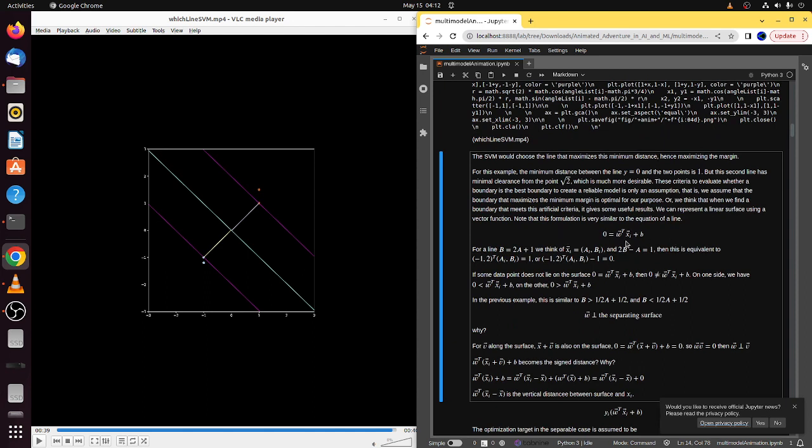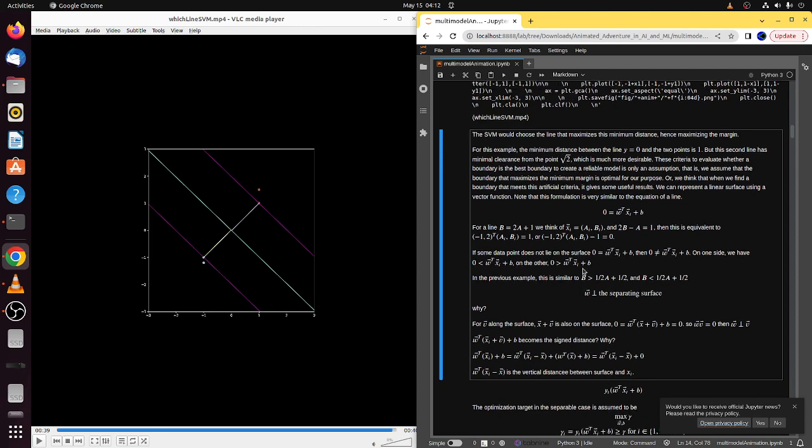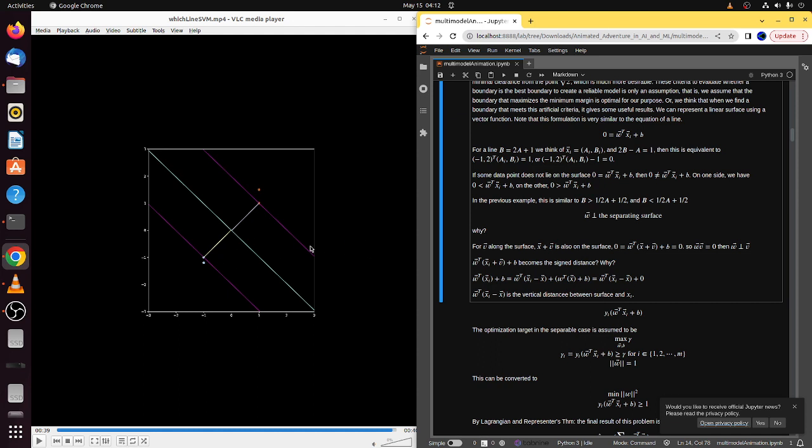But now that we have this line, we need to formulate this distance, right? It's interesting to think of the value of w. This vector w is actually perpendicular to this separating surface.